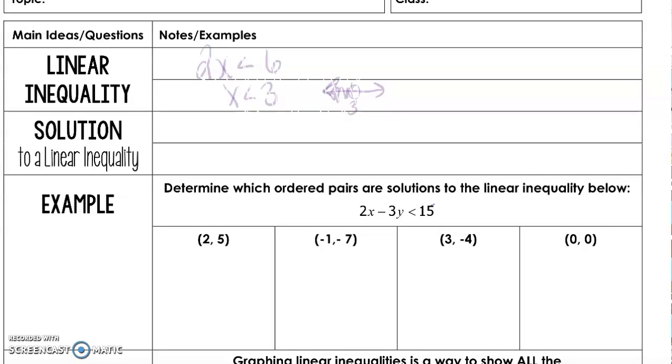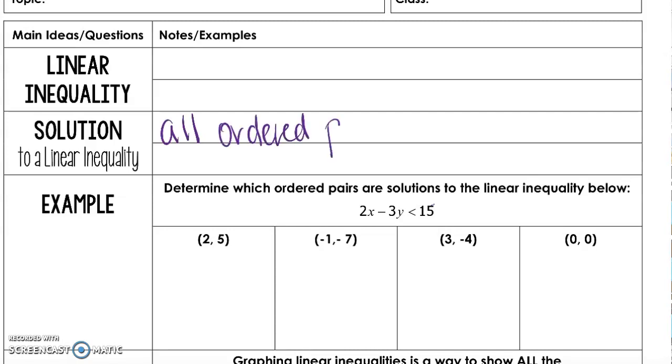Now we're going to look at putting two variables together. For the most part, once in a while you'll have just an x or y still, but it's going to make a line. Your solutions are all ordered pairs that make the inequality true.